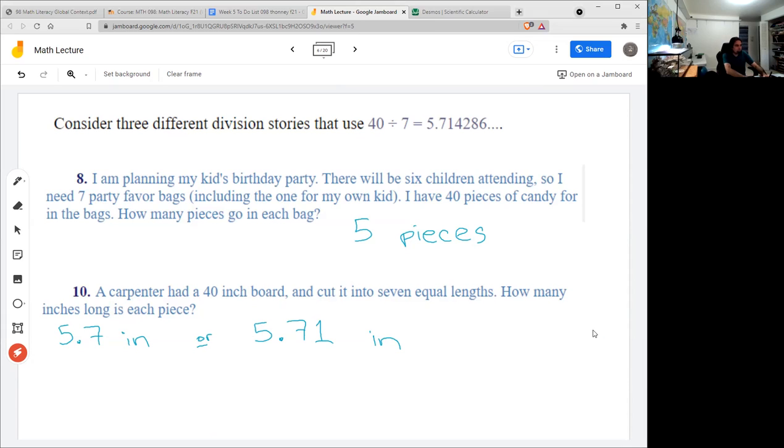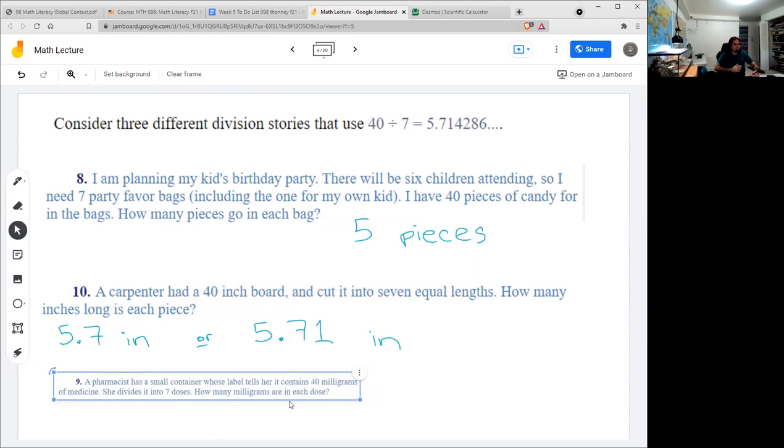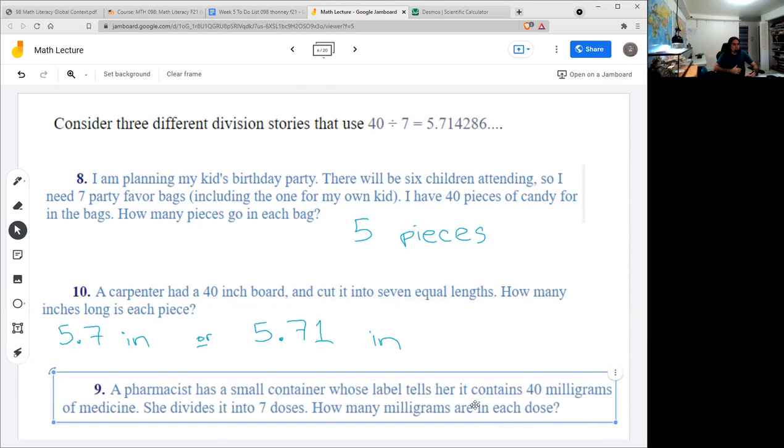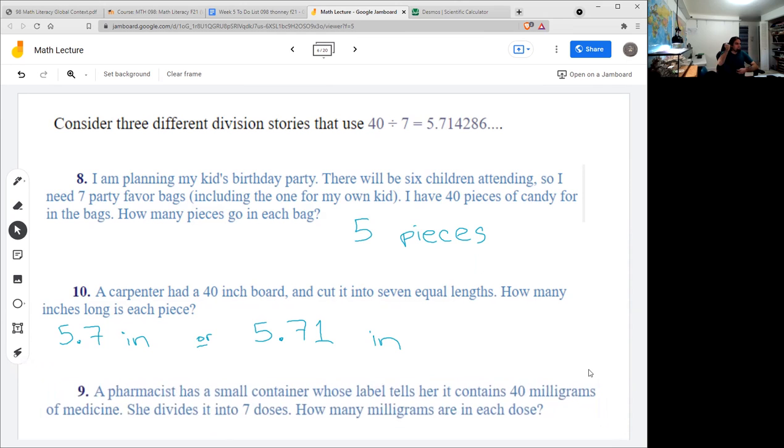Okay, one more that we're just going to argue about. A pharmacist has a small container and the label just says 40 milligrams. And she needs 7 doses, 1 a day for a week.